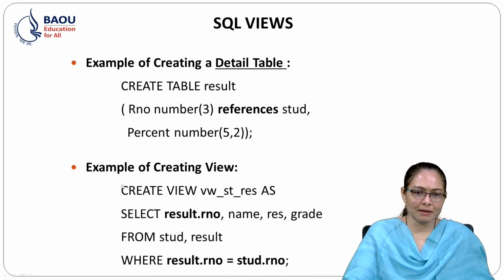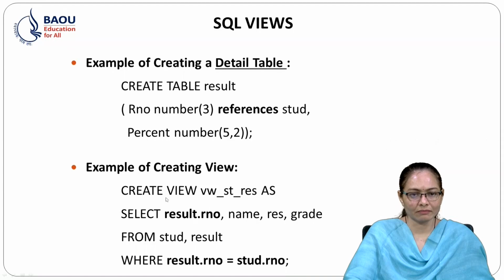See the example: create view, then view name. After that, we can write the join query because we want to fetch data from the student as well as the result table. So this view is created from the combined records of student and result.